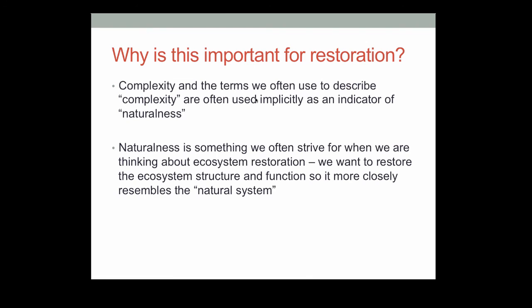And so how this relates back to restoration is that this idea of naturalness, and we talked about this topic earlier in the semester in a very nice lecture that Matt provided, as something that we often strive for when we are thinking about ecosystem restoration.